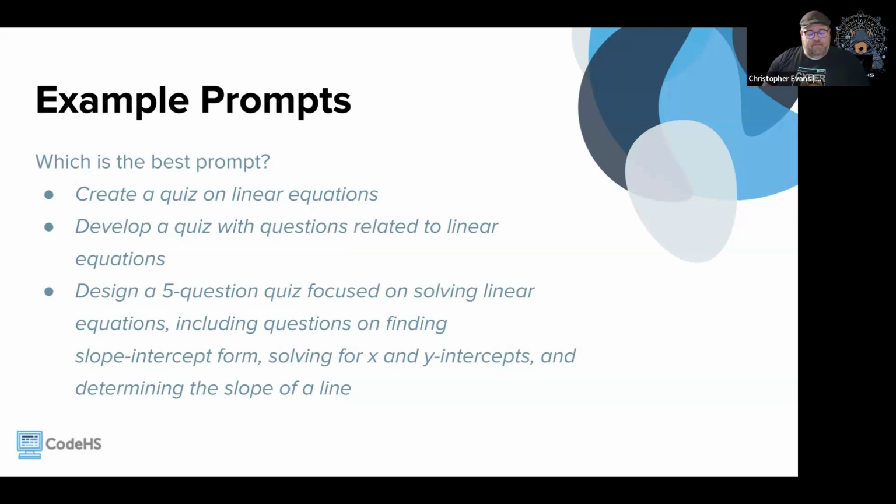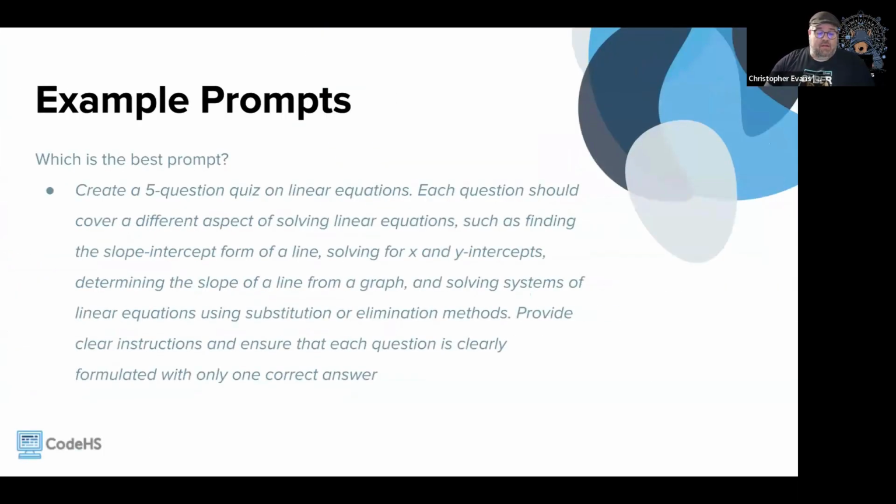We start with a very vague quiz on linear equations, narrow it down to questions related to linear equations, but then we get more specific on the types of questions that we want asked. And then we have our fully realized prompt: create a 5-question quiz on linear equations.